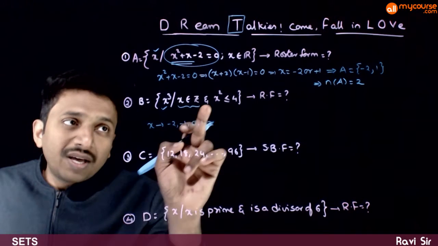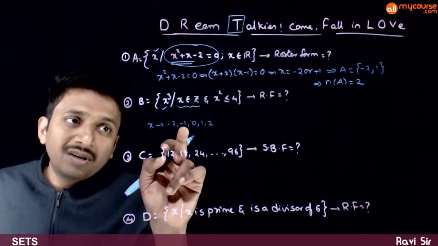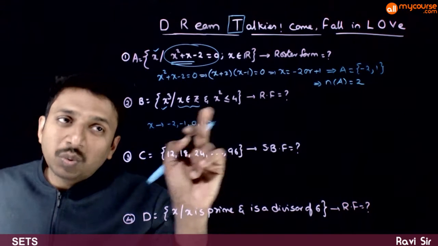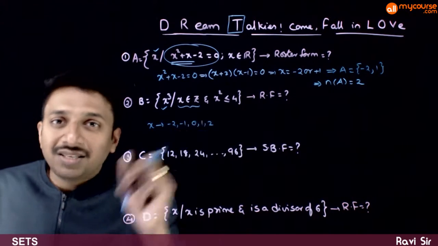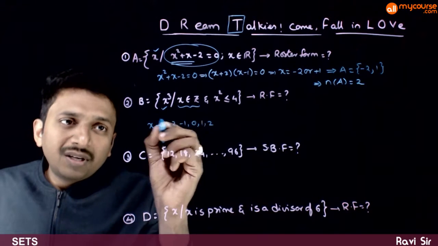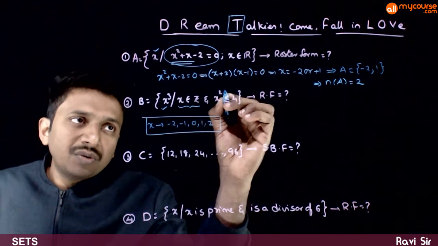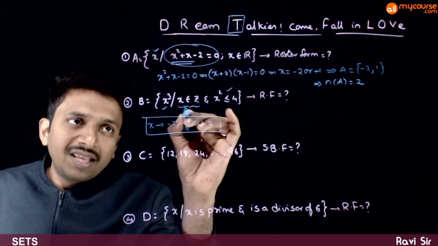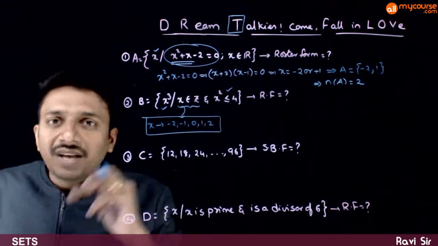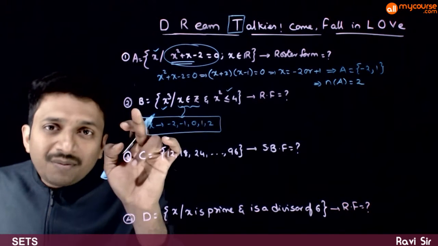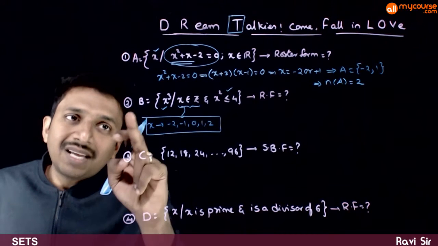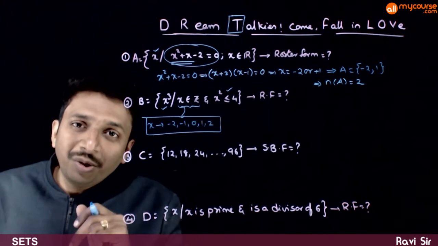If you have the integers which are other than this, their square will be greater than 4. So minus 2 square is 4, minus 1 square is 1, 0 square is 0, all those are less than or equal to 4. Now, if x square is less than or equal to 4, then x has to be any one of these 5 integers. But my set B does not contain x. My set B contains elements of the form x cubed.